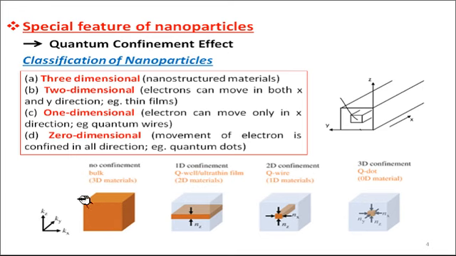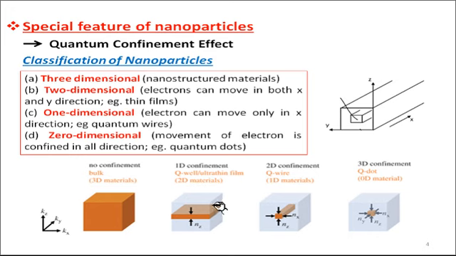That means along any dimension the size is more than 10 nanometer, so the electron can freely move along the x direction, y direction and z direction. That is how these materials are known as 3D materials.